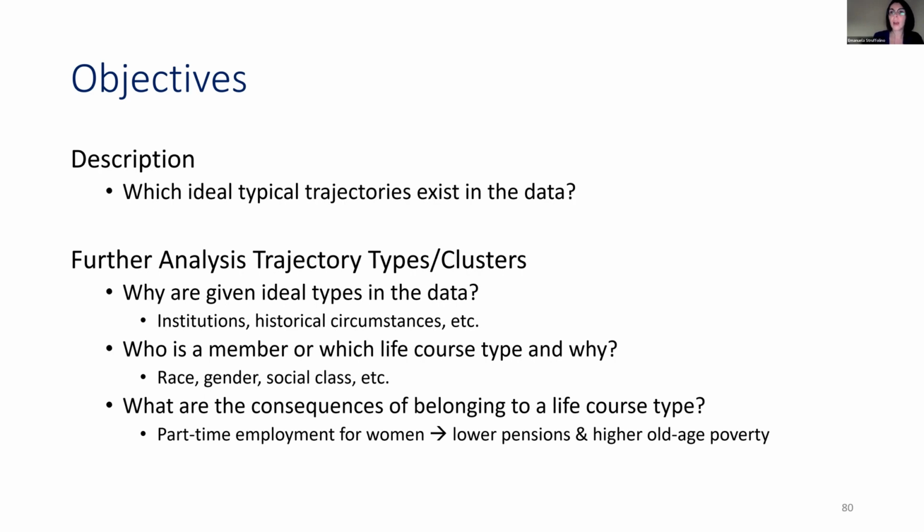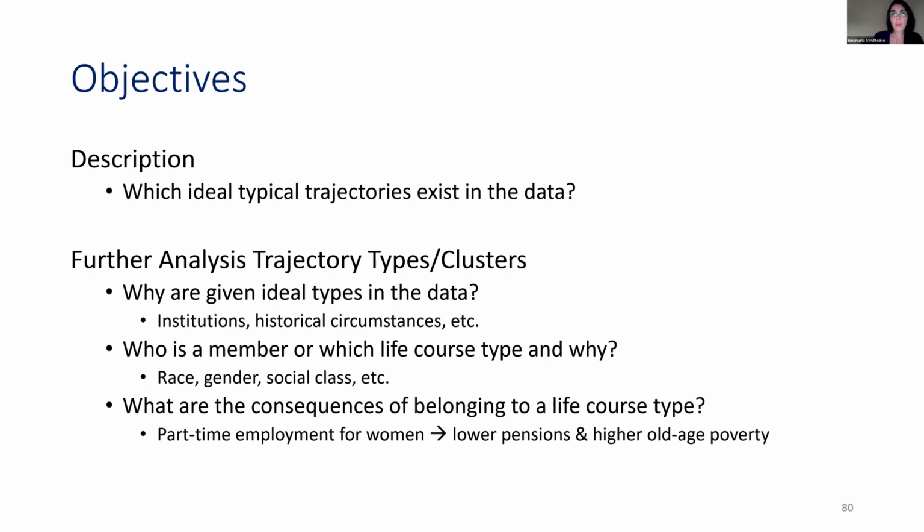For example, are family formation processes in familistic welfare states different from family formation processes in less conservative welfare states? This would be to link a specific type of trajectories to the characteristics of the institutional context where those sequences unfold, so where those processes unfold.